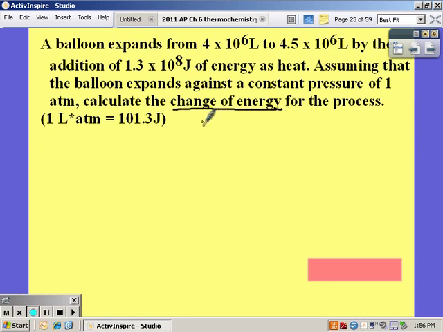You're looking for the change in energy, which means we're going to have to use our delta E equals Q plus W. But they didn't give us work, so we're going to have to calculate that using the equation we just learned, negative P delta V. So first, I'm going to solve for my work.